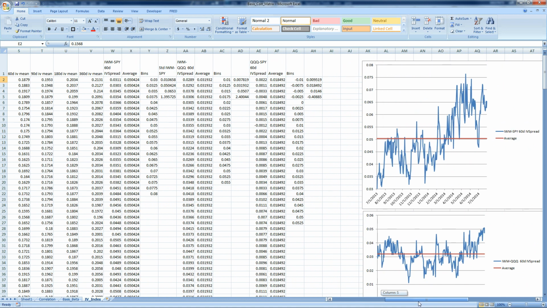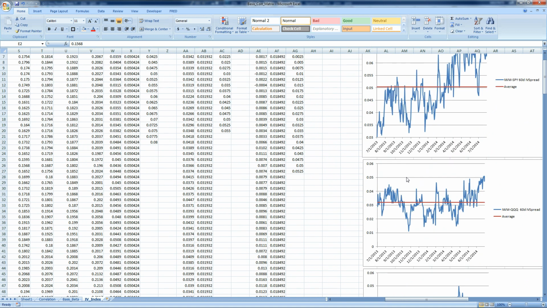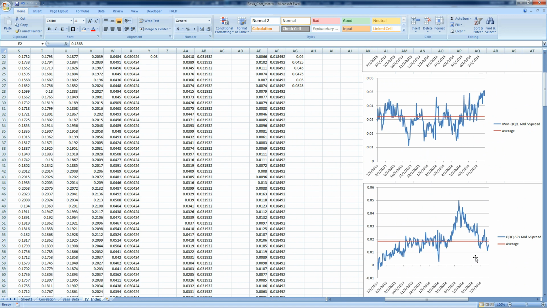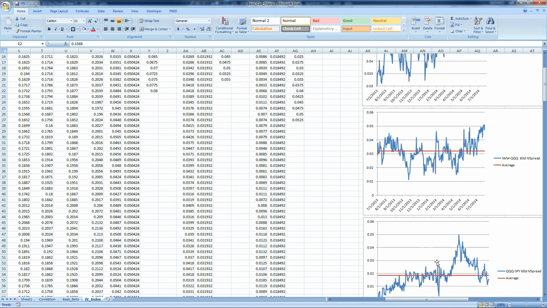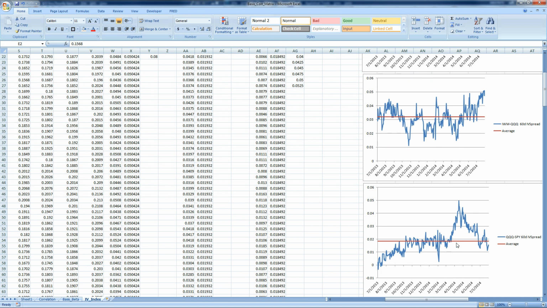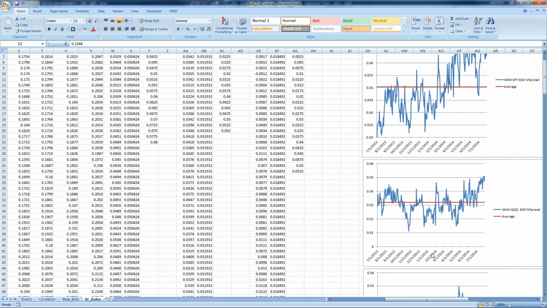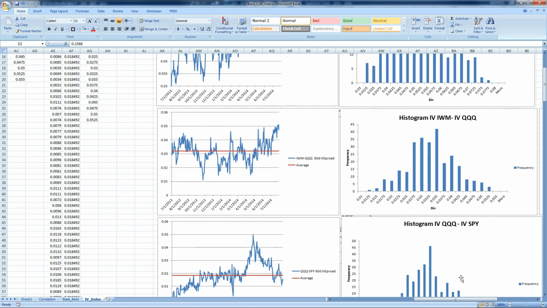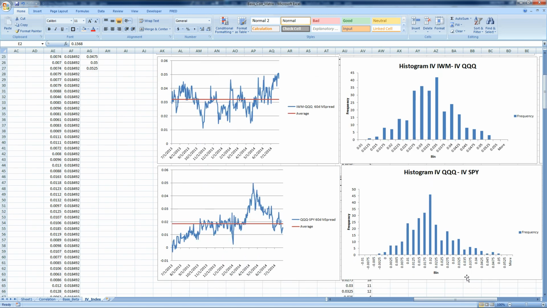All I've done is I've subtracted the IV of the SPYs from the IV of the Russell right here. I've subtracted the IV of the Qs from the Russell here, and I've subtracted the IV of the spiders from the Qs here. And I've put them in line graph form, and you can see the average is the red line that runs across. And then I've thrown together some histograms just to see if we get a normal distribution out of these things, and in fact we do.